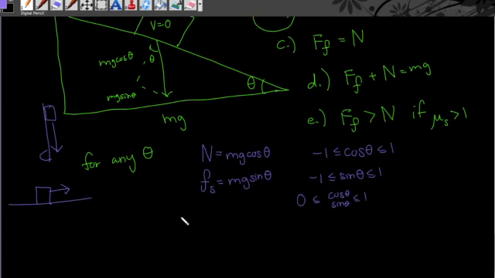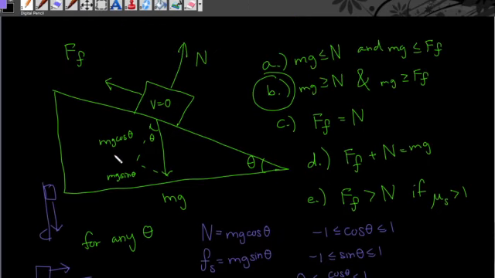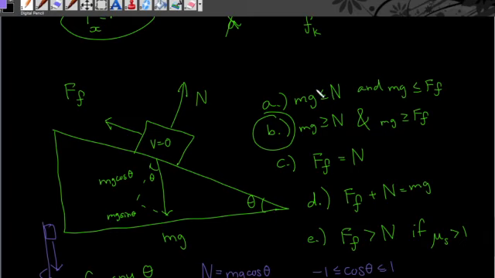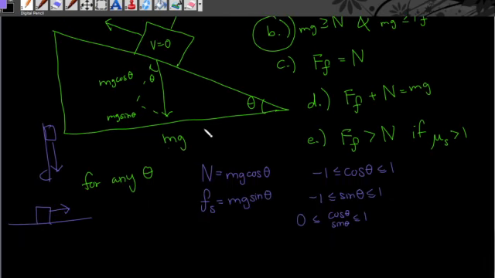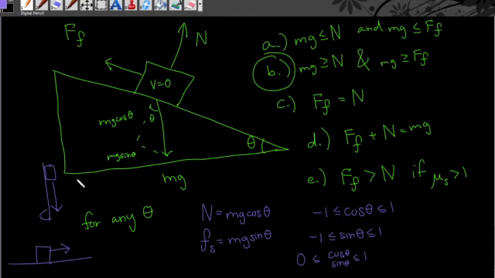And since these are both 0, but gravitational force is still being exerted on the block in both of these scenarios, we know then that A cannot be true, because in both of the limiting cases, we can see that gravitational force is greater than normal force and static friction respectively.